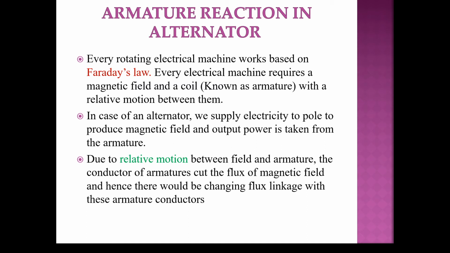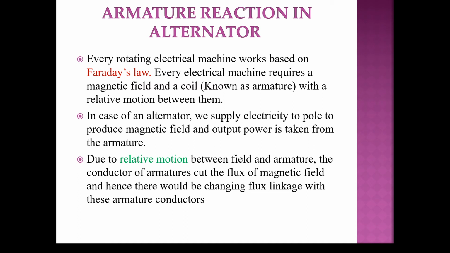We are placing electromagnets, and to make them magnets we have to give some external supply, electricity, and then it will give us the effect of a magnetic field. We get AC output from the armature of the alternator.